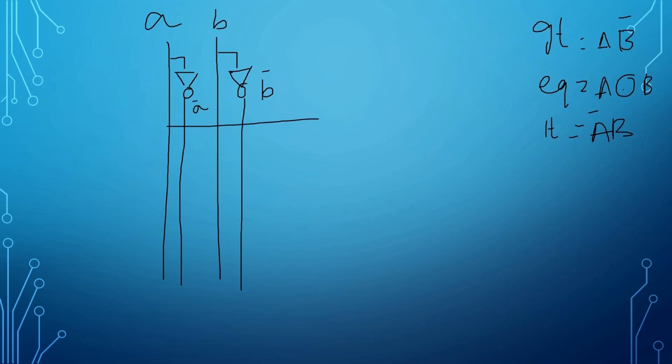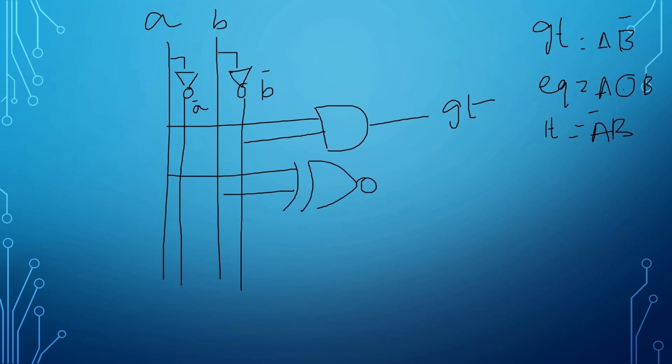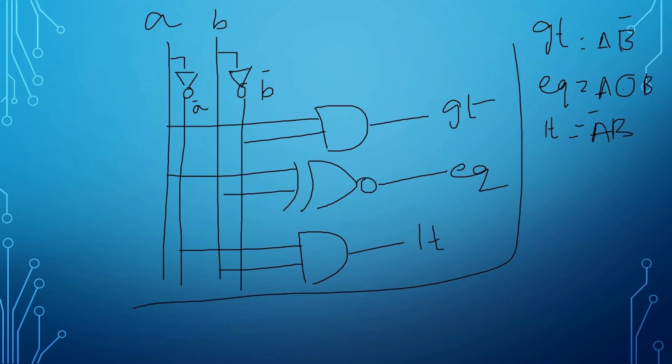A and B bar through an AND gate becomes GT, right? A and B through an XNOR gate becomes EQ, the equality condition. A bar and B through an AND gate becomes LT. So this is the hardware implementation of the 1-bit comparator.